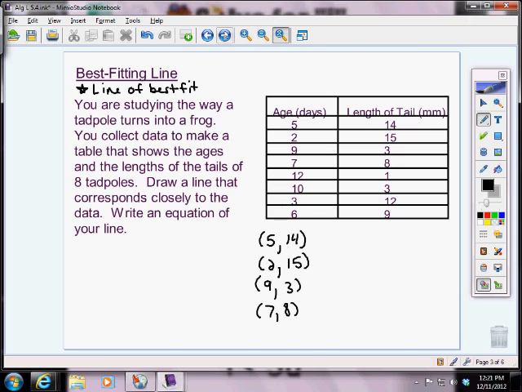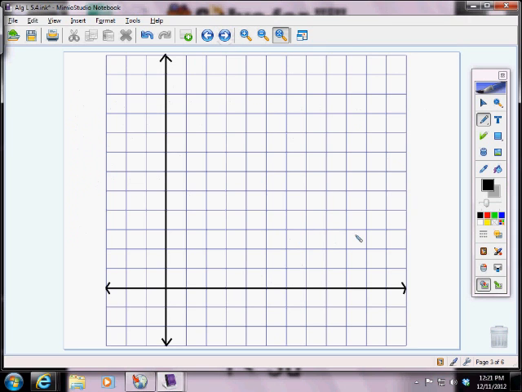Let's start with that. So our first point was 5, 14, and so if you look at my graph here, I'm going to put the ages, because that's our independent variable, on our x-axis, and I'm going to put the length on our y-axis.